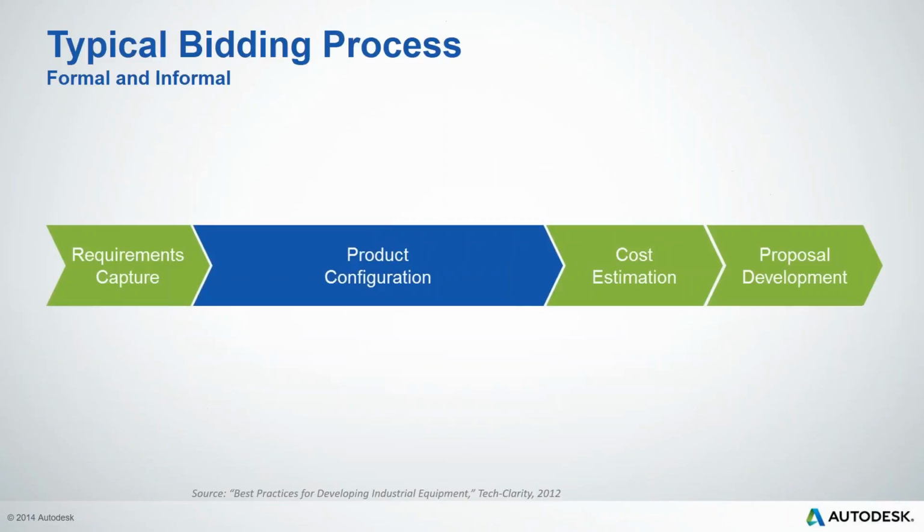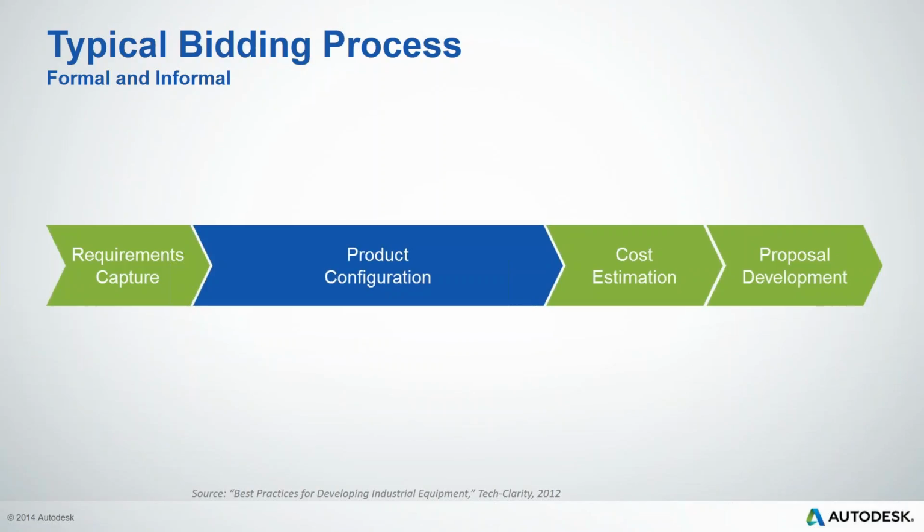So what better way to introduce the typical bidding process, right? The typical bidding process, and this could also be a typical quote process, generally follows the same construct from business to business. It just depends on the tools you use to do each of these areas within the workflow, right? So if we start up front, requirements capture.